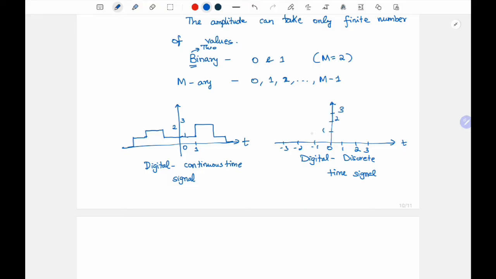Okay. So now it can only take values like this. Here it is 0, 0, let's say. So here it is 3, 2, 1, and here let's say it is 2, then 0, 0, 2, right?